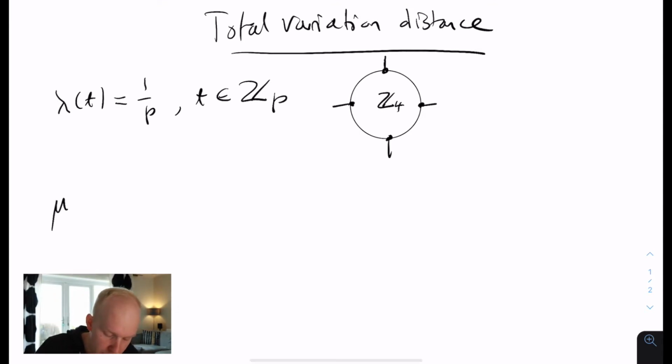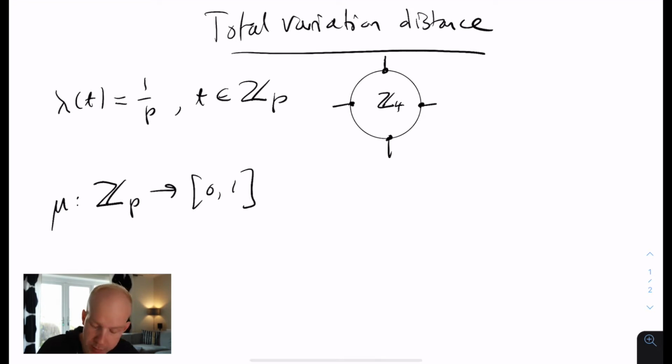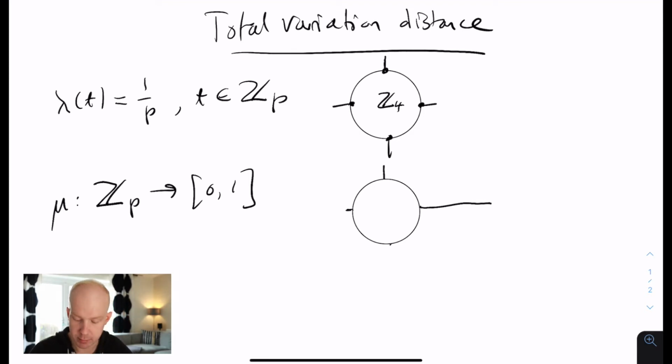So we have some other probability distribution mu from Z_p into [0, 1], which may look slightly different. So it has maybe some other types of weights, maybe some weight here, and then more weight here, and then almost nothing here, something like this. So this would be a measure mu, and this would be lambda.